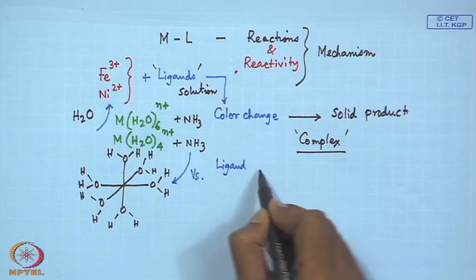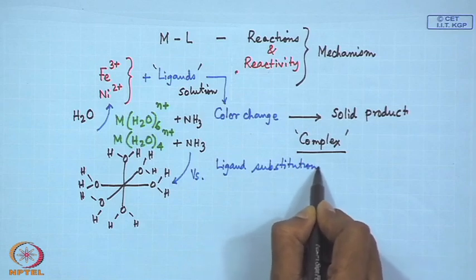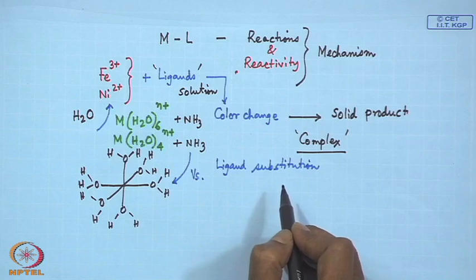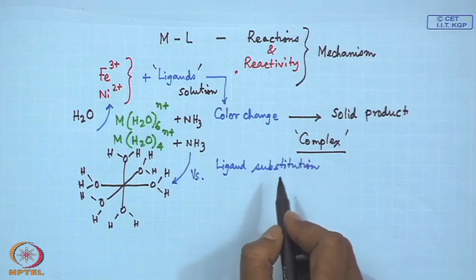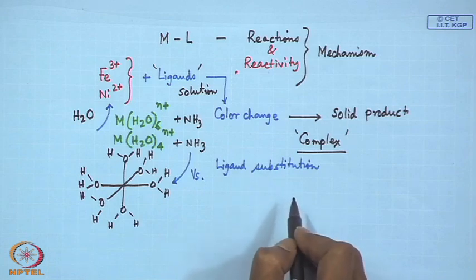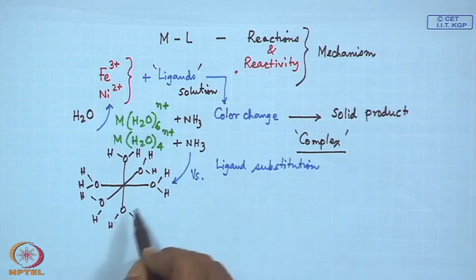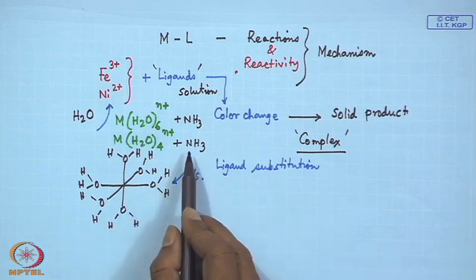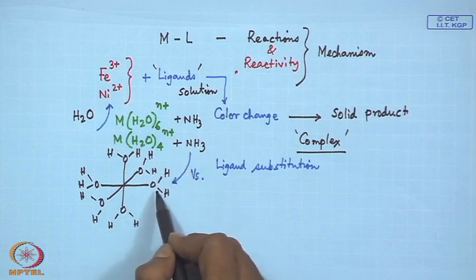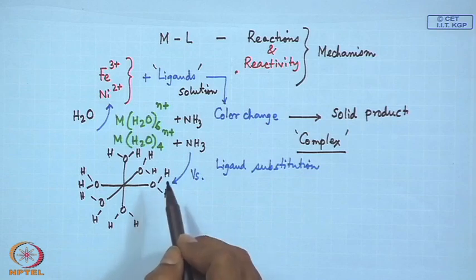So, we will have this as a ligand substitution reaction, and what are the different types of steps we can have, and how does the mechanism work? It can have two aspects, one is the kinetic aspect and another is the thermodynamic aspect. What more information can we have for the process of substitution, where this water molecule is replaced and ammonia is added?